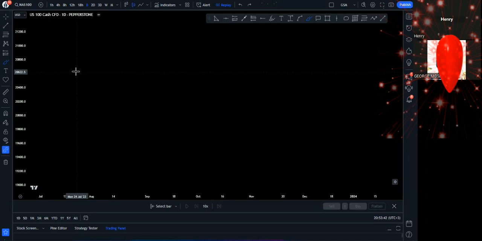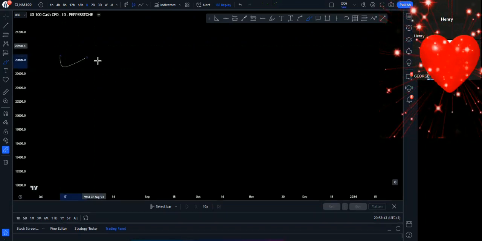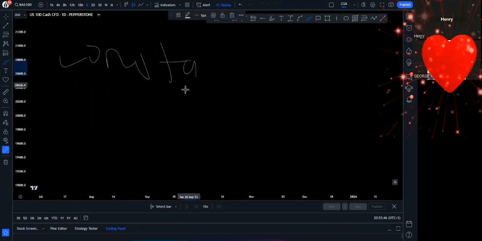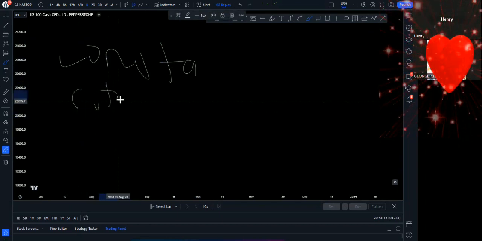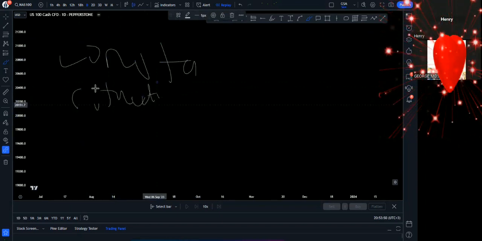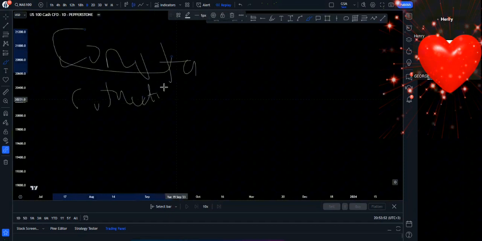So in this case, we have two things. We have constant time frames and we have situational time frames. Can you understand that?